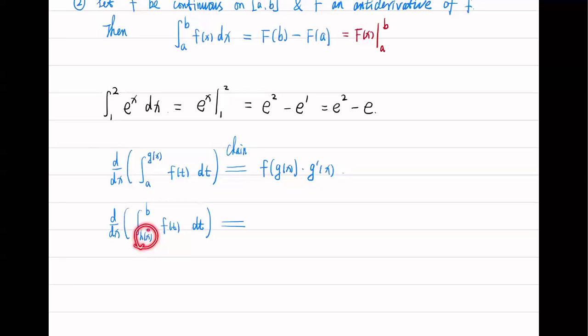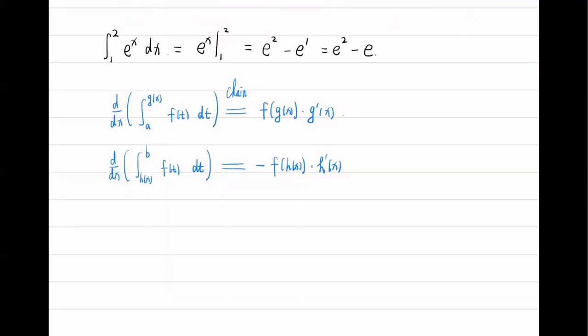So the difference is for this one, when x increases, the interval becomes longer. But for this one, when the position increases, the interval becomes shorter. So in this way, they introduce a negative sign. And again, the chain rule will be the derivative of h of x.